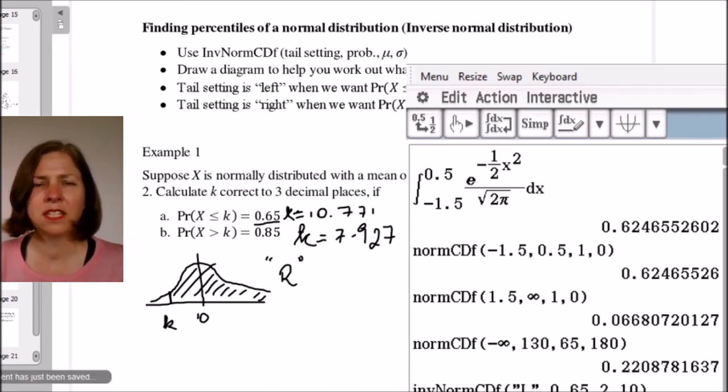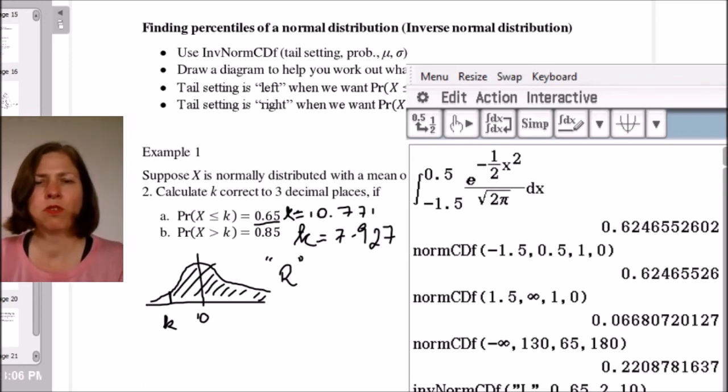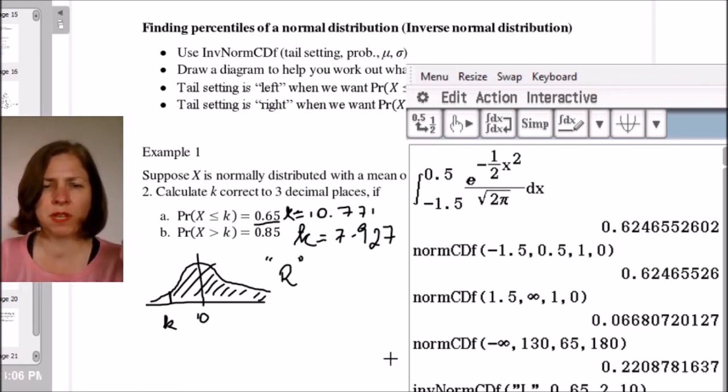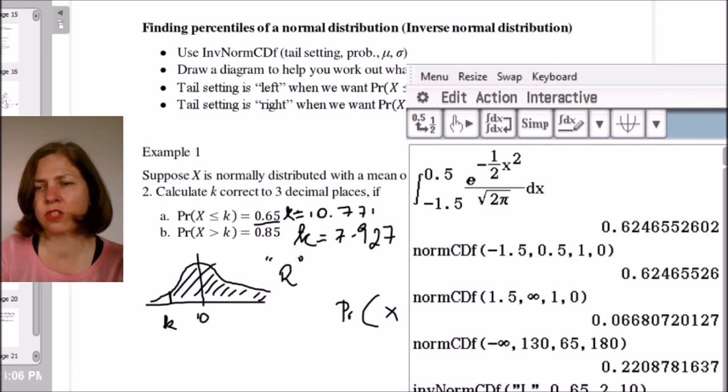The other thing that is worth noticing here is that if I wanted to, for whatever reason, I can always also use any symmetry properties of the graph. So basically the probability that x is less than 7.927 is going to equal 1 minus the probability that x is greater than 7.927.